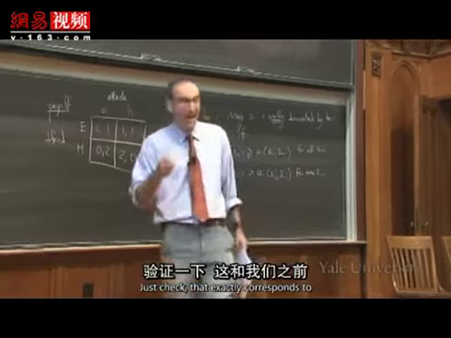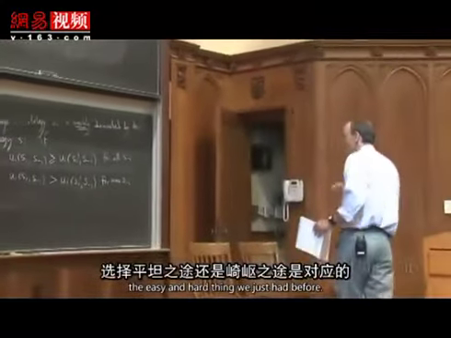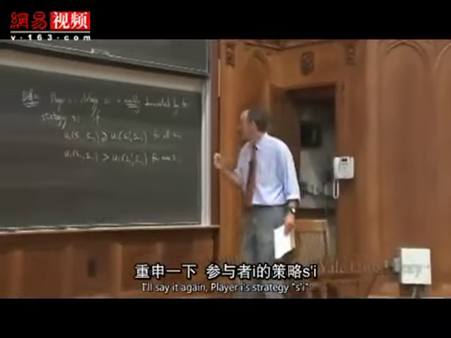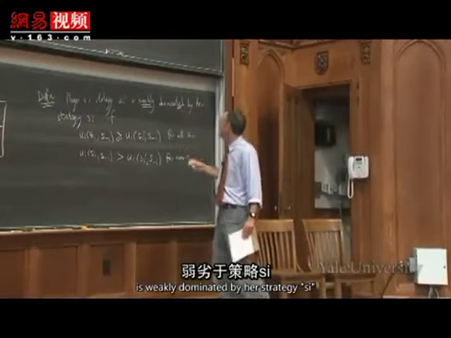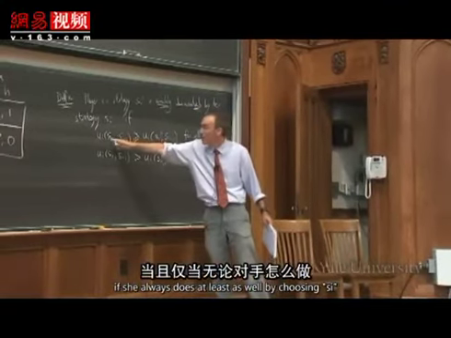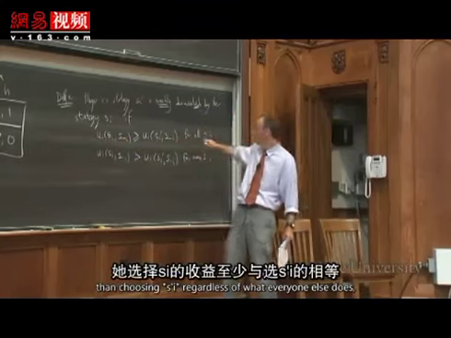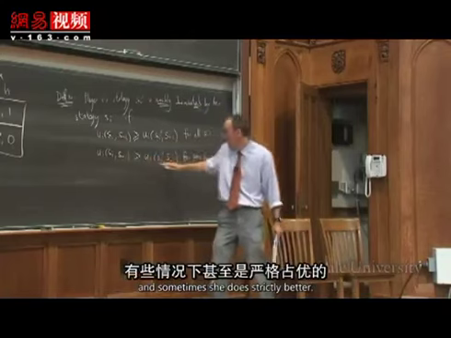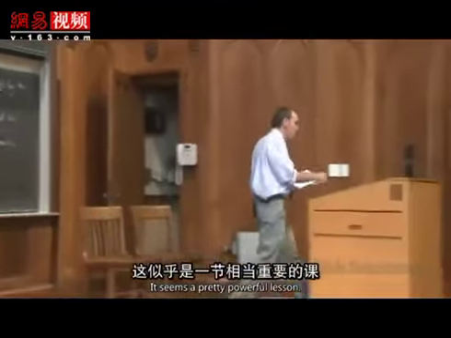Right? So just check that exactly corresponds to the easy and hard thing we just had before. Let's say it again. Player I's strategy SI prime is weakly dominated by her strategy SI if she always does at least as well by choosing SI than choosing SI prime, regardless of what everyone else does, and sometimes she does strictly better. All right? And it seems a pretty powerful lesson.